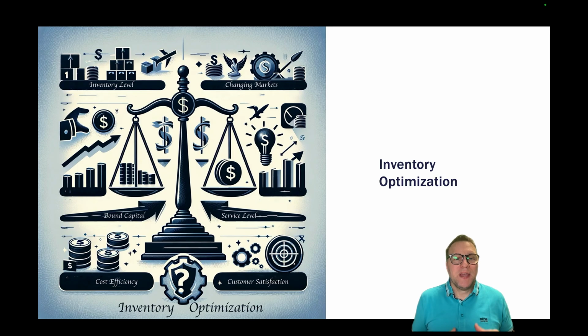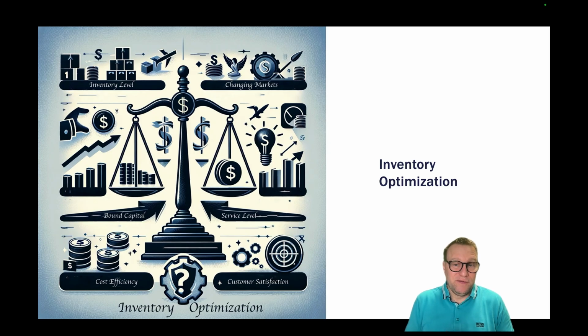One of the big topics in every supply chain is to serve the customer with the best service level. And of course, you can stock your finished products really close to the customer, really high, but you're piling up inventory. And this is, of course, bound capital.